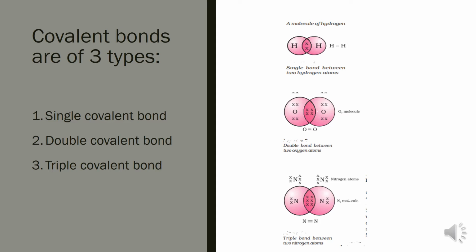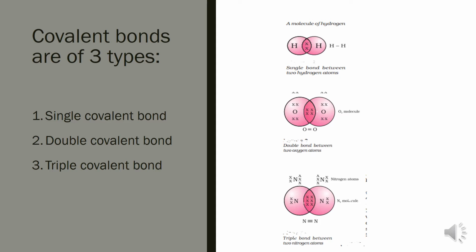In a single covalent bond, there is one pair of shared electrons involved. When a single bond is formed between two atoms, from both atoms one electron comes into the picture, and that one pair of electrons belongs to both atoms.